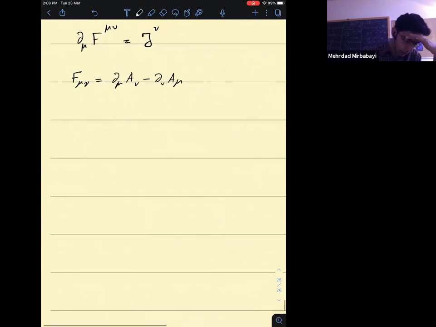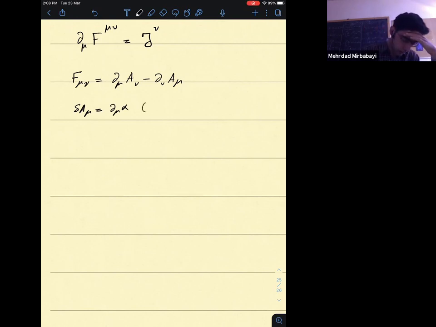And once we define it in this way, we realize immediately that there is an invariance if we change A_μ by a total derivative. So if we change A_μ by a total derivative, F_{μν} doesn't change. Therefore, the Maxwell equations do not change. So this is a redundancy of this description.